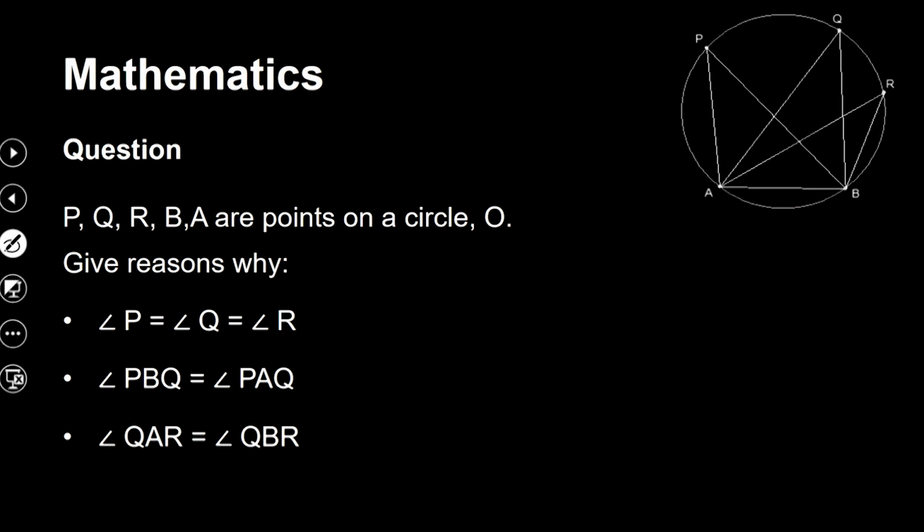Give reasons why. 1, the angle P, which is this angle, is equals to the angle Q and is equals to the angle R, right? Remember, what did we say? This will be angles on same segment, right? So you please need to think about that. It will be angles on same segment.